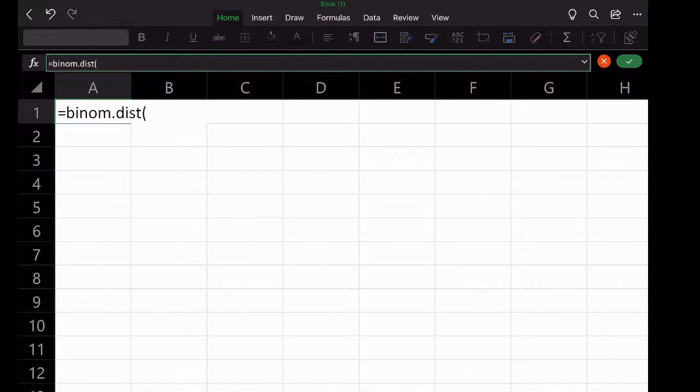Oh, I don't get my hint. Usually it tells me to put the parameters in; I'm not used to this version on the iPad. Let's see, I'm going to do it on my computer as well. The iPad version is a little bit different, isn't it?